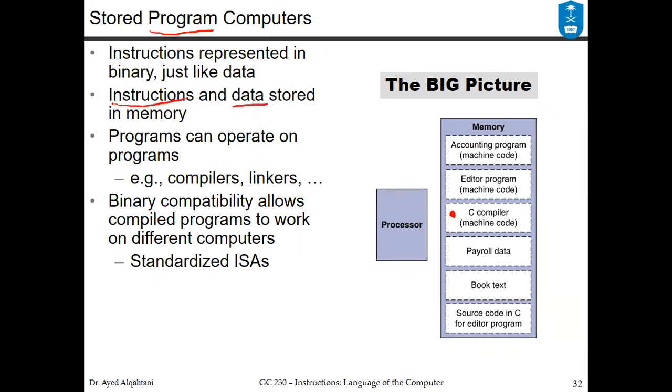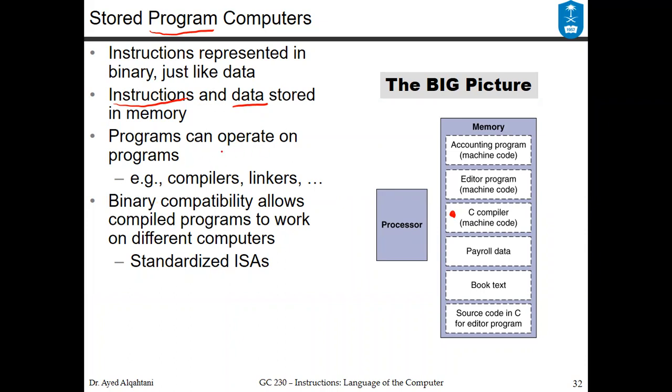Meaning, the instruction memory will have add, or, load, store, shift to the left, or shift to the right instructions. The data memory will have the variables themselves. So if we have an array, like array A, it would be stored in the data memory.